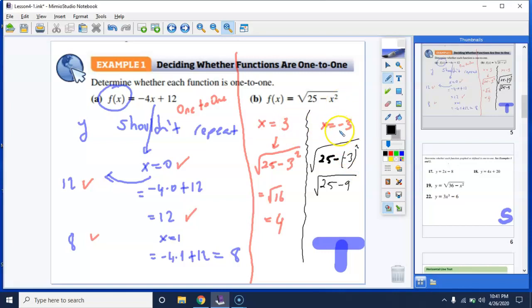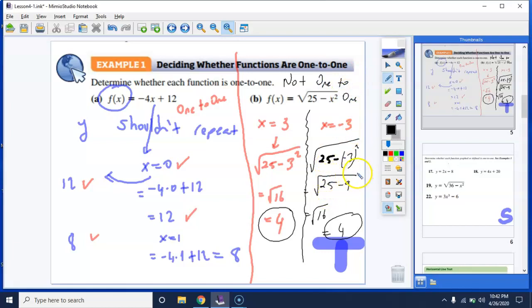Negative 3 squared is 9 too. So it's going to be the square root of 16. So it's going to be 4 as well. I want you to see that we plug in different values, but we got the same outcome. So that's why y is repeating, the outcome is repeating. So that's why this one is not a one-to-one function.